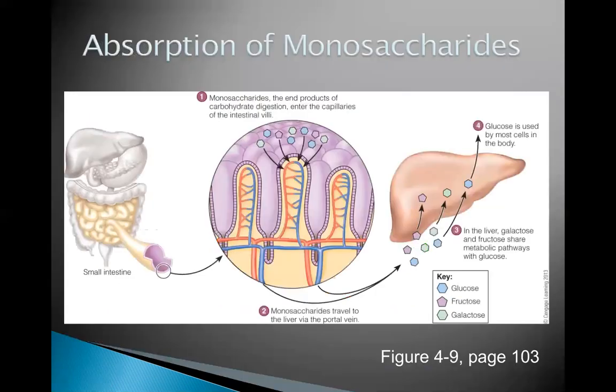Once disaccharides have been broken down into monosaccharides, they're able to travel across the intestinal villi into the circulatory system, and they travel to the portal vein, which intersects with the liver. In the liver, galactose and fructose have similar metabolic pathways with glucose, and glucose is given off to cells of the body to use for energy.